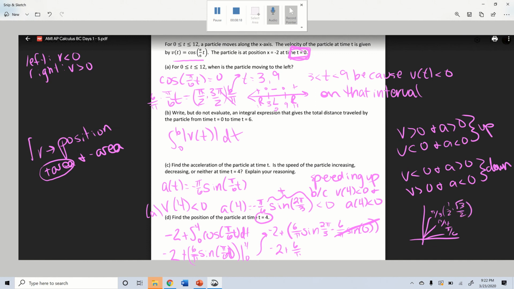So that means sine of 2 pi over 3 is in this quadrant, so it still is going to be square root of 3 over 2. And I guess we could simplify that a little bit, but the only thing I would want to do is simplify that down to 3. So you're going to have negative 2 plus 3 square root of 3 over pi. So that is going to be the position of the particle at t equals 4.